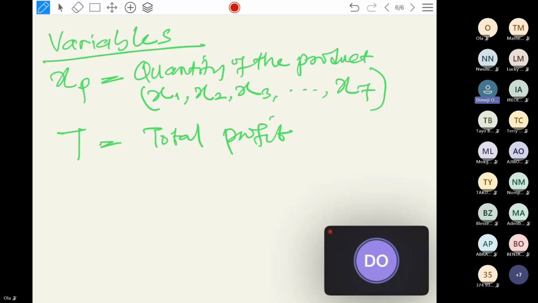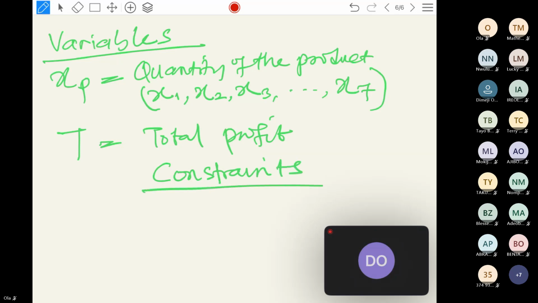So the next thing is the constraints. From the question, what do you think the constraints are? There are just two constraints. Who can give us an idea of what the constraints could be? I think one constraint is the amount of time you can spend on a machine.